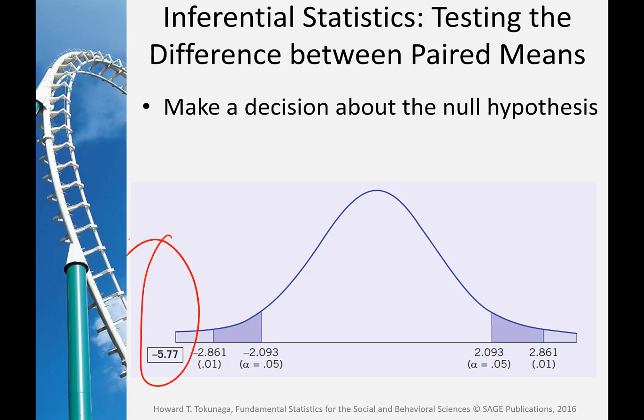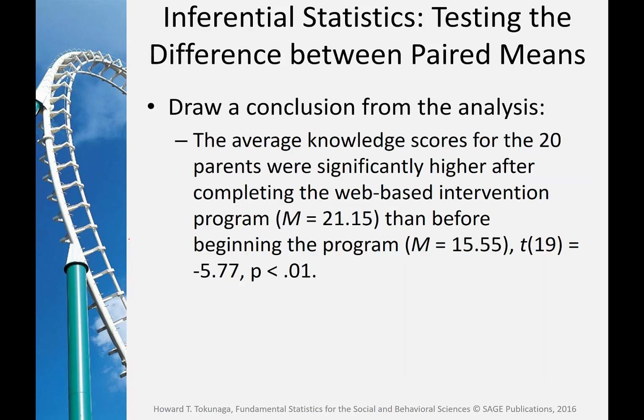Way out here. It's a very, very small probability that we have gotten this. The average knowledge scores for the 20 parents in our sample were statistically significantly greater after completing a web-based intervention program than before the program.